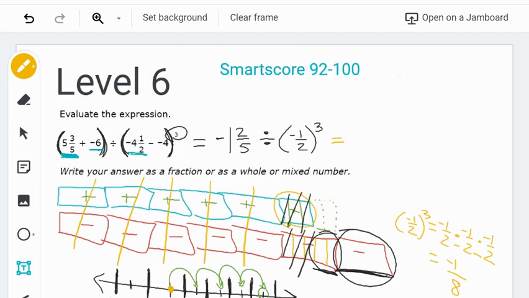Whew, okay, and at the same time, let's go ahead and convert this mixed number into an improper fraction. The way you do that is you take the whole number, you multiply it with the denominator, so that's going to be 5 or -5, and then you increase that by 2.